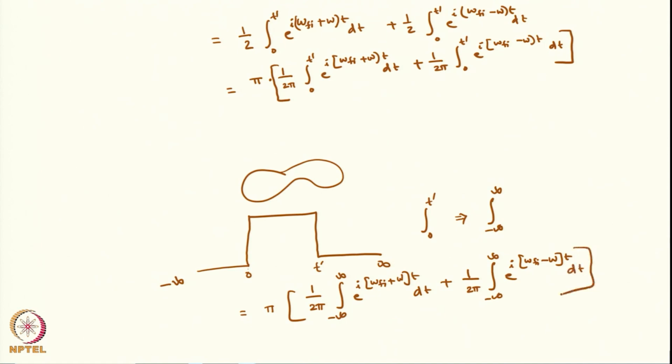Okay. So what I have done is just changed the limits of the integral. Instead of going from 0 to t prime, I have taken from minus infinity to plus infinity.